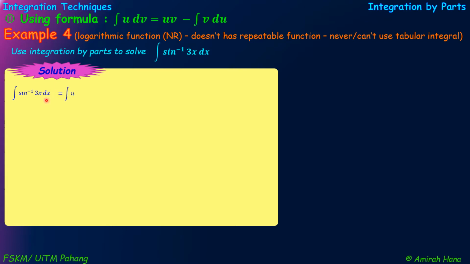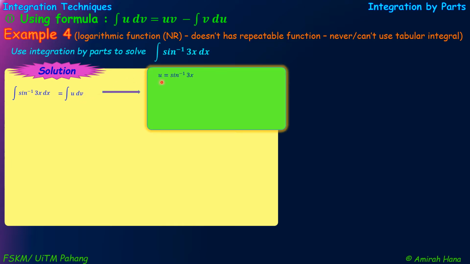So we can write integration of u dv, where u equals inverse sine 3x and dv equals dx.